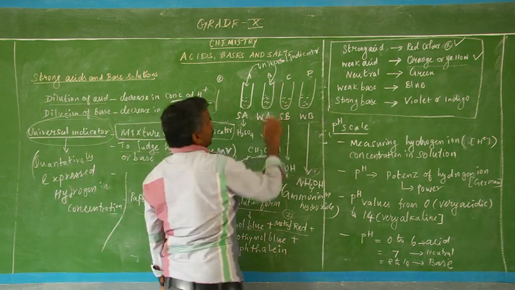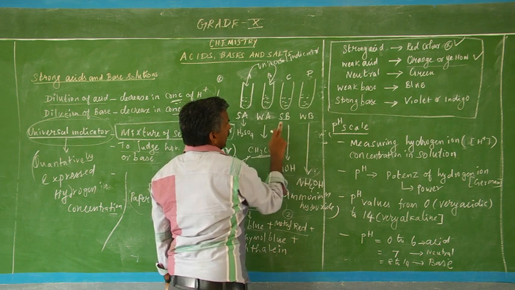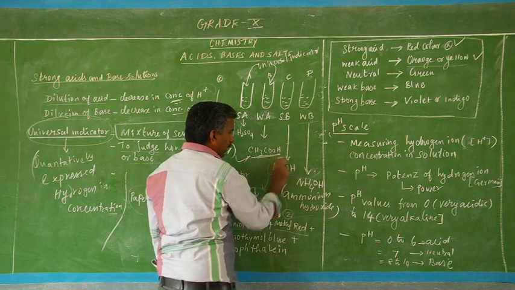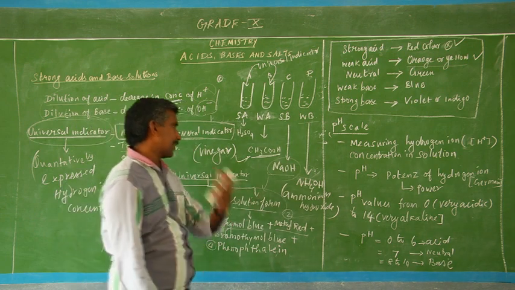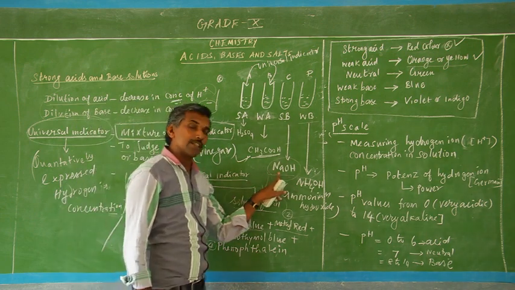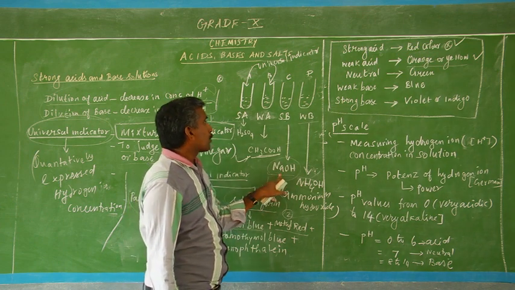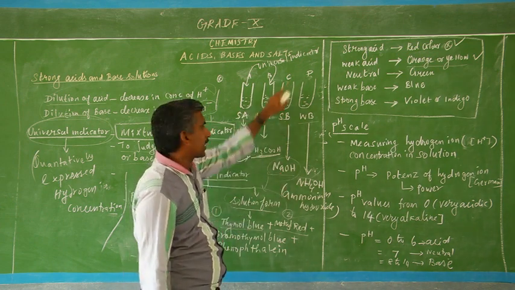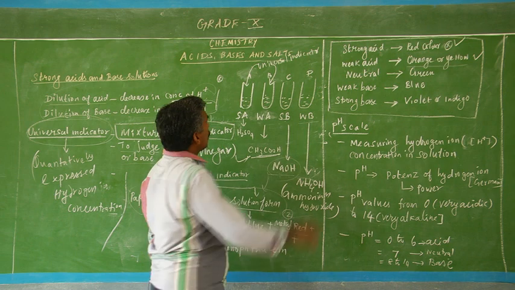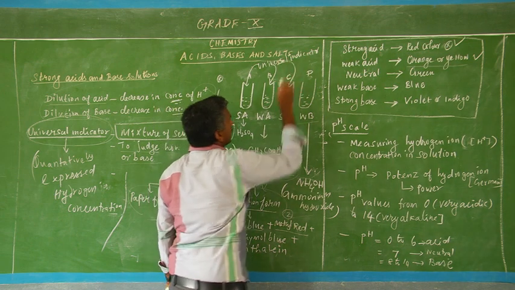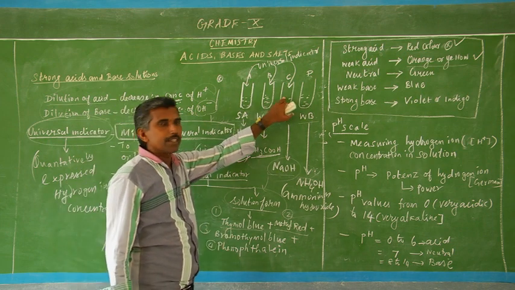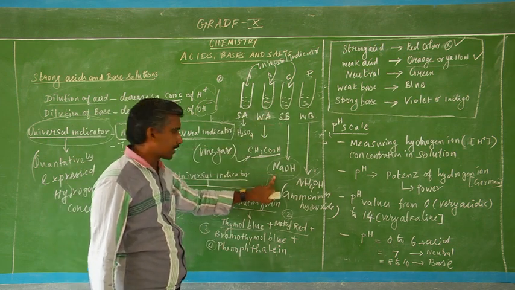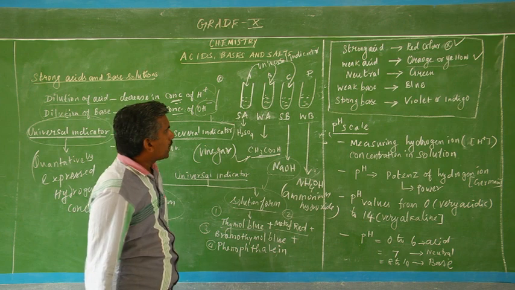Now test tube C contains a strong base, sodium hydroxide. Its other name is caustic soda, formula NaOH, as I explained in the previous class. You add the universal indicator to test tube C. What happened?